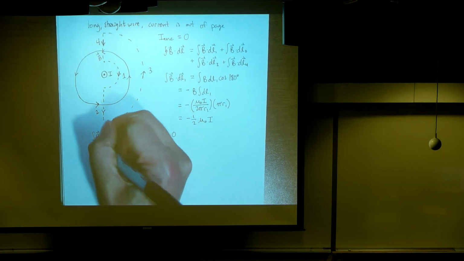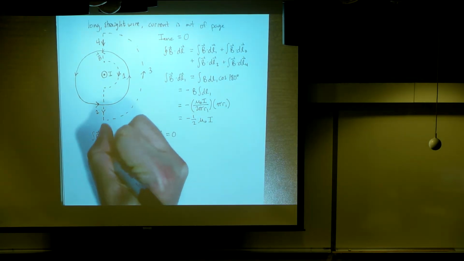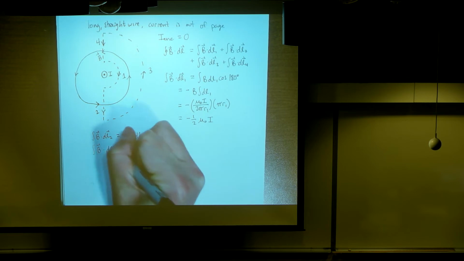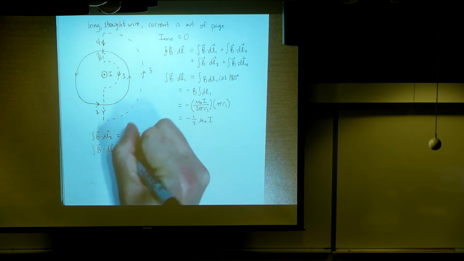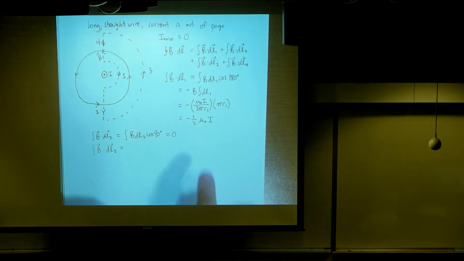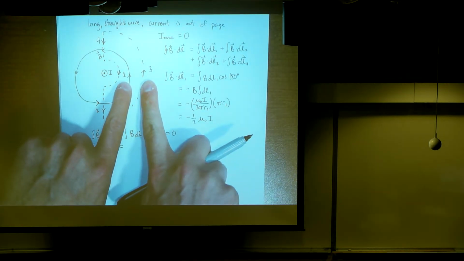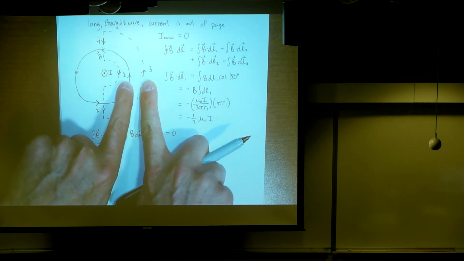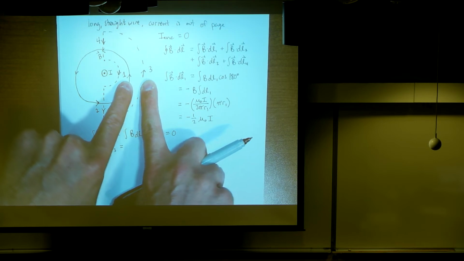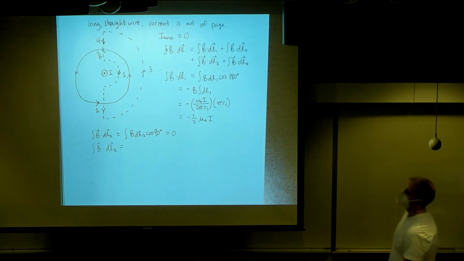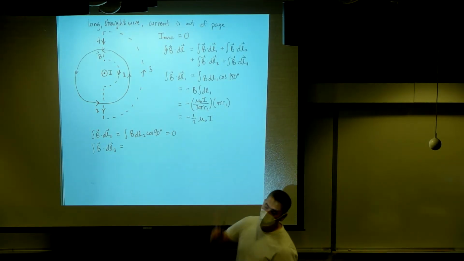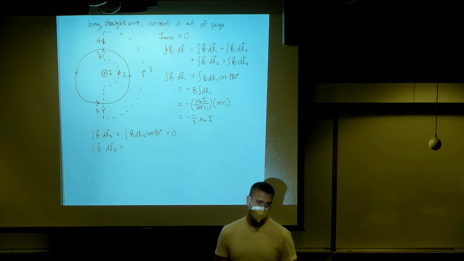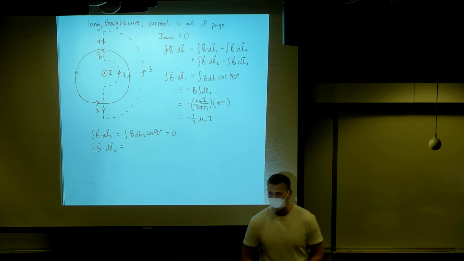All right, let's do it for number 3. We've got B dot dL3. Now, let's start by thinking about the angle. What's the angle between my B field and my path for number 3? It's 0. They're going the same way this time, okay? For path number 1, it was directly opposing the B field, but now it's going directly with the B field, okay?